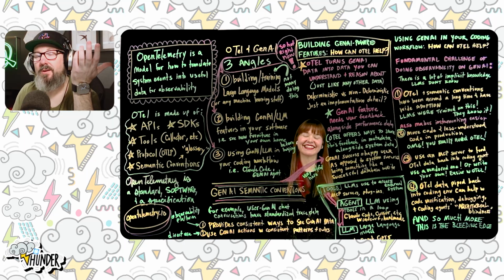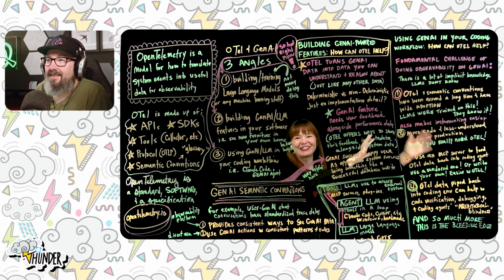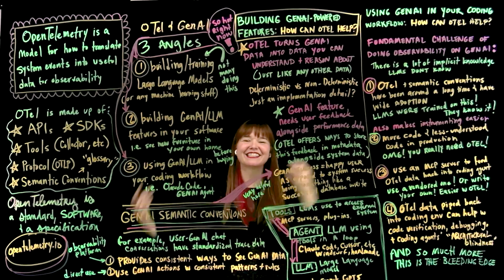With LLMs, it's so easy to write code. Code's so cheap now. And you understand that code less. And so you need more observability. You need more OTel to understand what's happening with the code. There's not only more code, but less understood code. So it's a compounding situation.